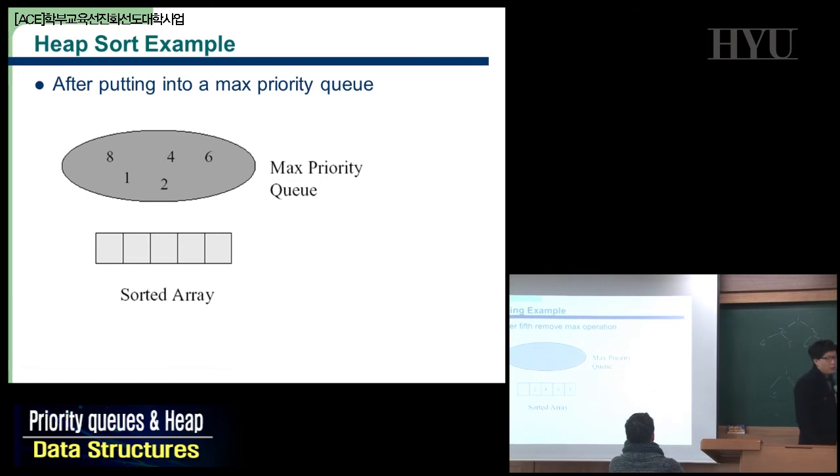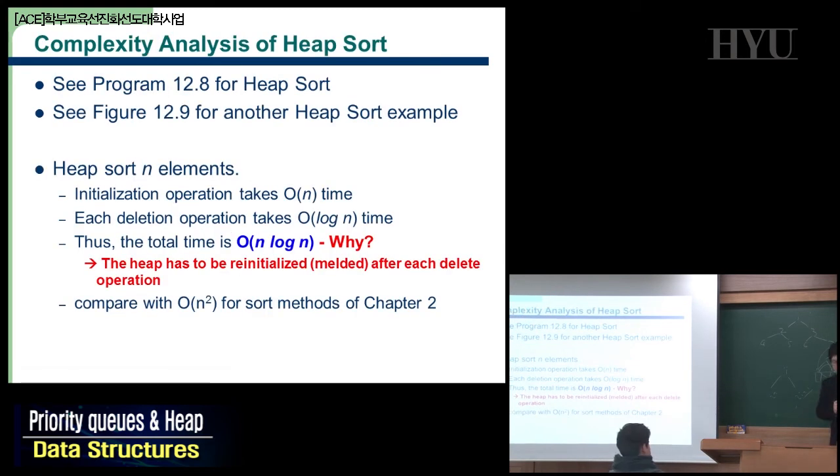So you can have a sorted array at the end. Good. That opens a new possibility. It's no longer n square. Probably n log n is the lowest time complexity that you can have in sorting algorithms at this moment.